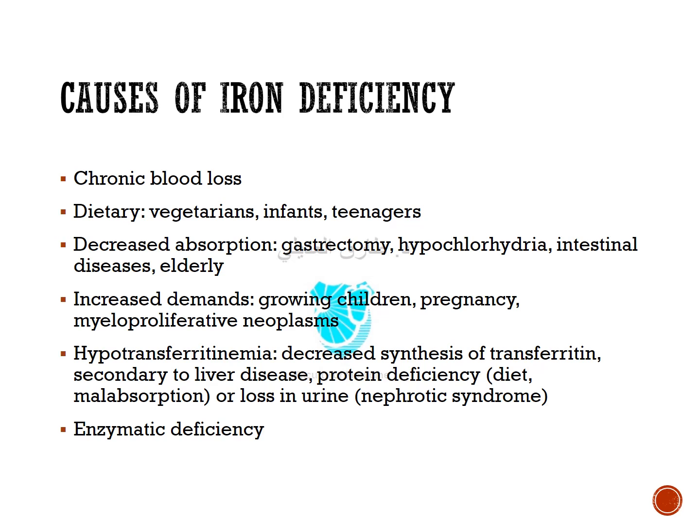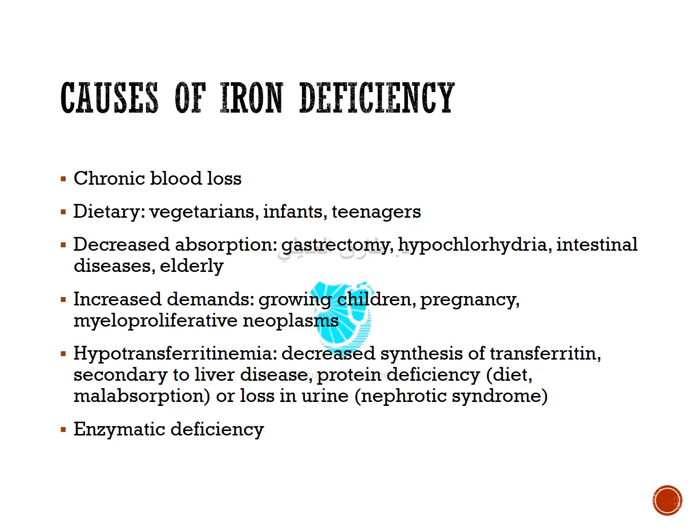Another cause is decreased absorption. Any problem in the GI system, in the absorptive part, will end up with iron and other nutrient deficiency. If the patient has a gastrectomy for any reason, like cancer or obesity, where they do an operation to lose weight, there will be less amount of acid in the stomach, which is important for absorption of iron.